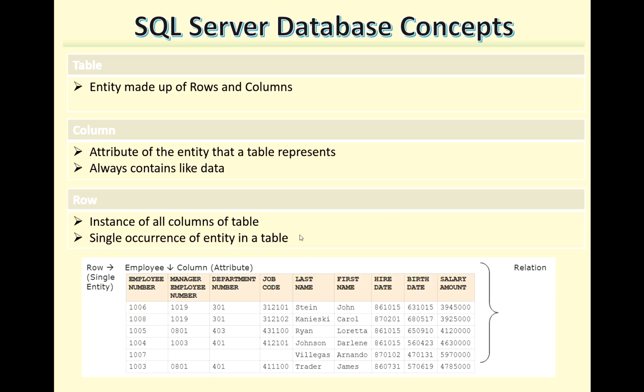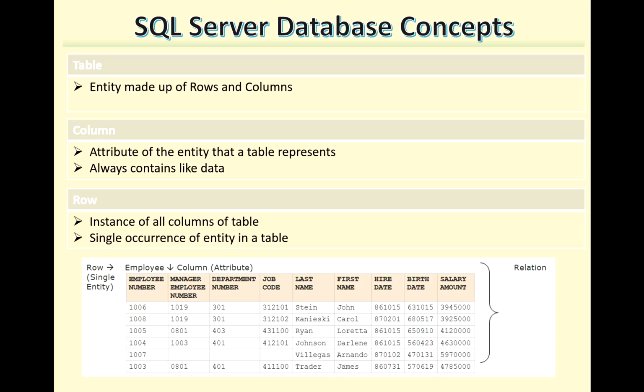For example, let's say this table had a column called middle name. We have last name, first name, and middle name. Let's say the middle name column is null for one of the records, for example Steen John. What does that mean? It can mean many things.